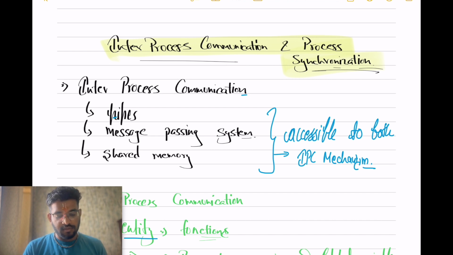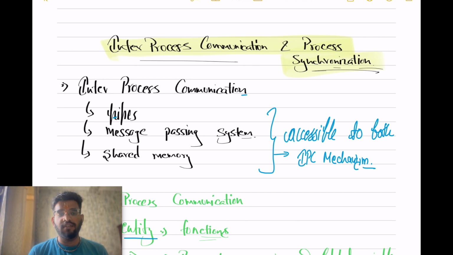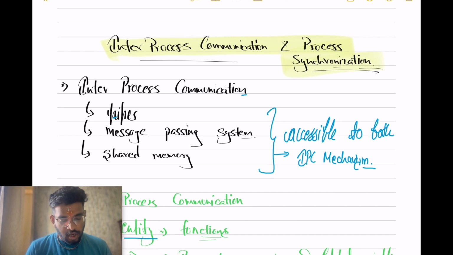There are three ways in which processes can communicate. One is using pipes, second is the message passing system, and third is shared memory. Shared memory is when two processes, like P1 and P2, want to communicate, then both allocate a certain part of memory to be used as shared memory.